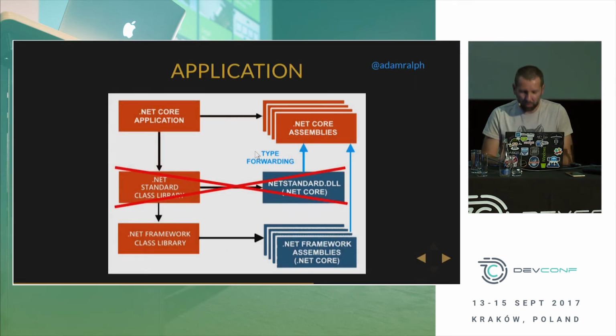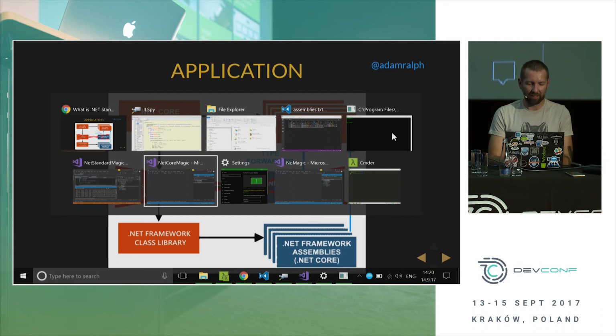Okay, so actually what I thought I'd do is, because it's cool that works, but then I thought, well, why don't I just cut out the middleman? Why don't I just cut out the .NET Standard assembly and see if I can just reference a .NET Framework assembly from .NET Core? So I thought I'd give that a try. The .NET Core magic.